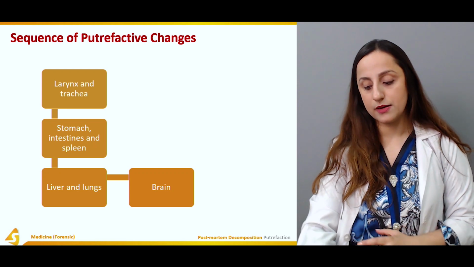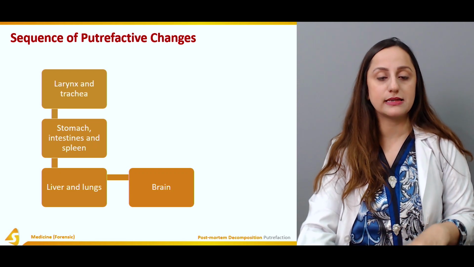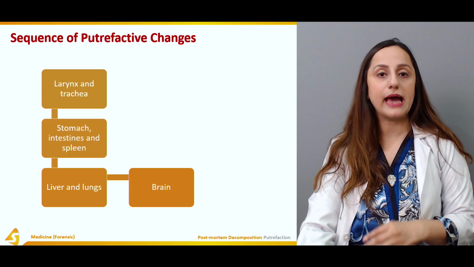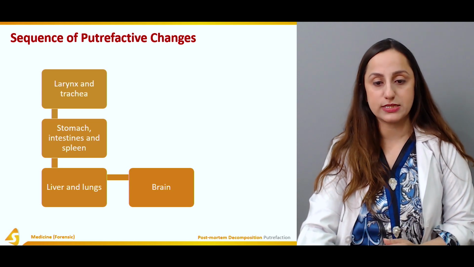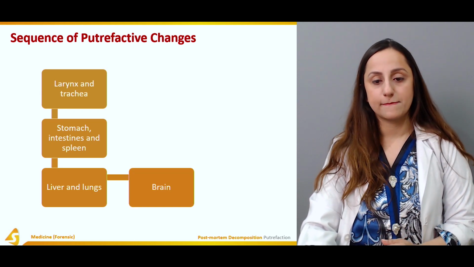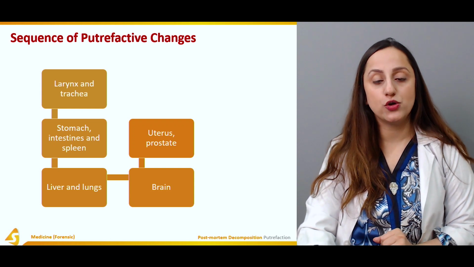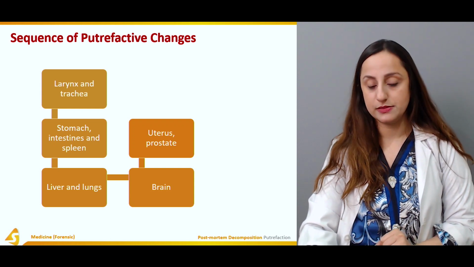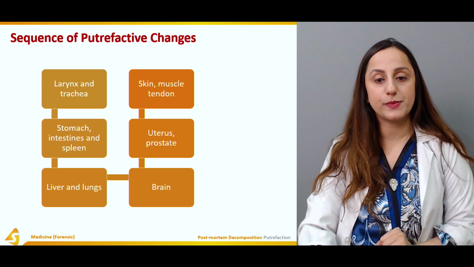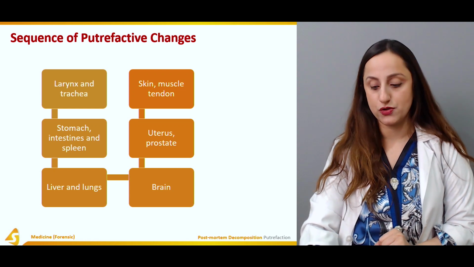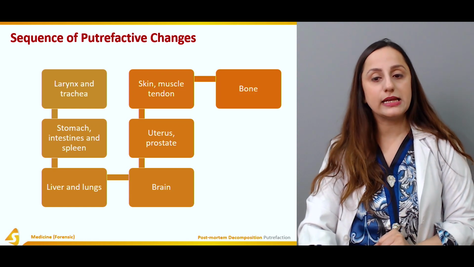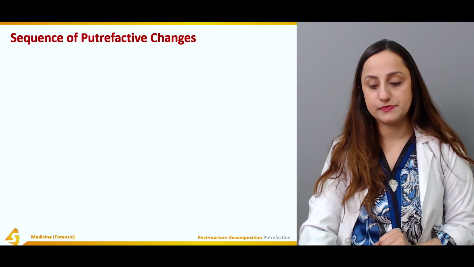So there are changes in the larynx, in the stomach, the liver, and the lungs, and the brain is basically a liquefactive process. It is followed by the uterus and the prostate, which is followed by the skin, the muscles, and the tendons of the body. Finally, the bones are involved.